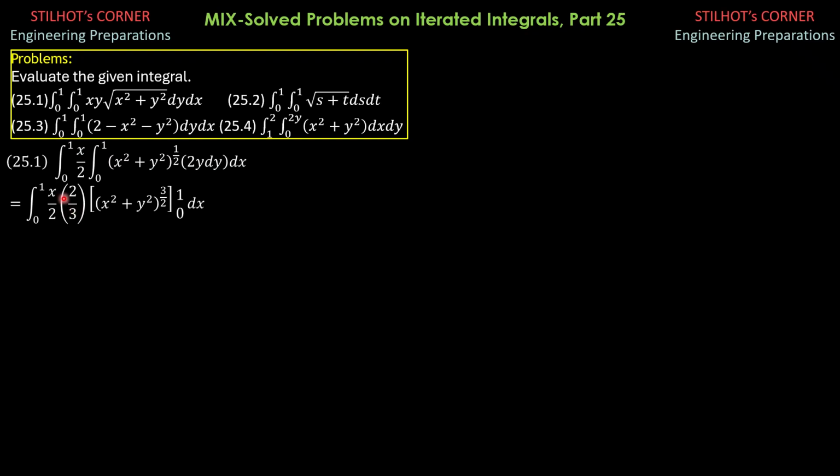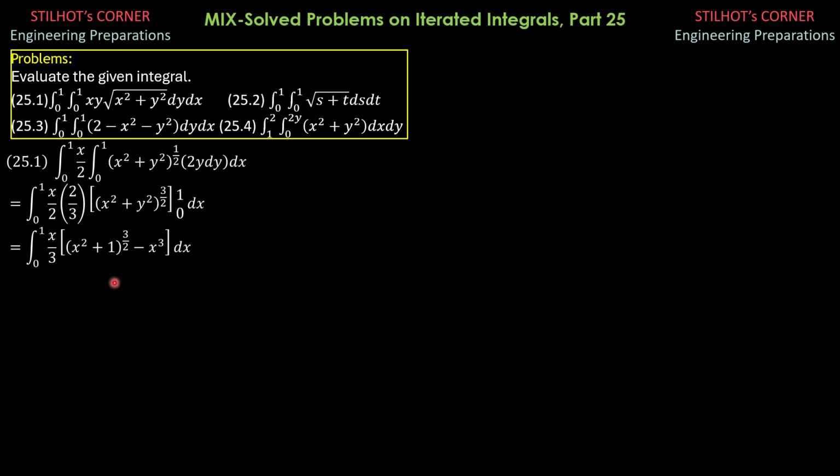Substituting limits, so this is cancelled. So x over 3 times the quantity x squared plus 1 to the 3 halves minus x squared to the 3 halves, so that's x cubed. So x squared plus 1 to the 3 halves minus x cubed dx.